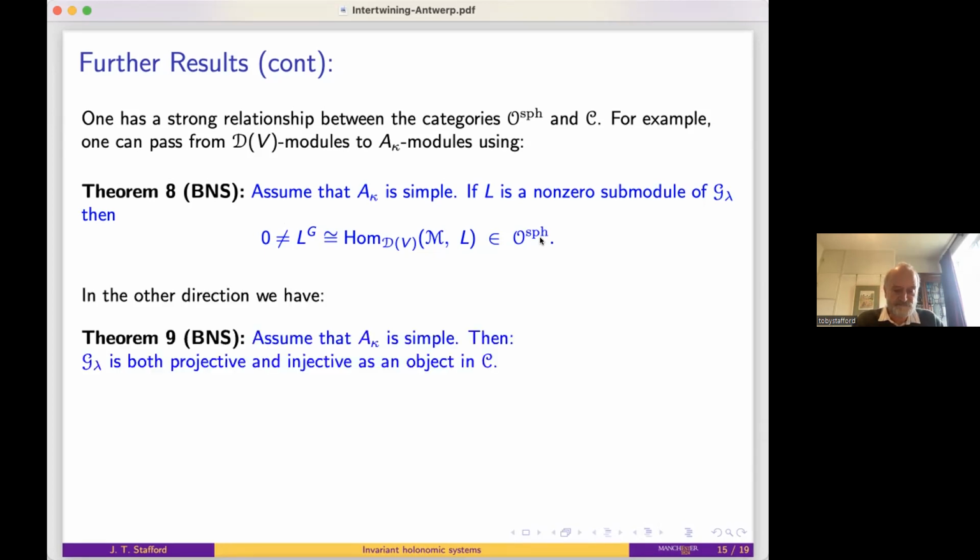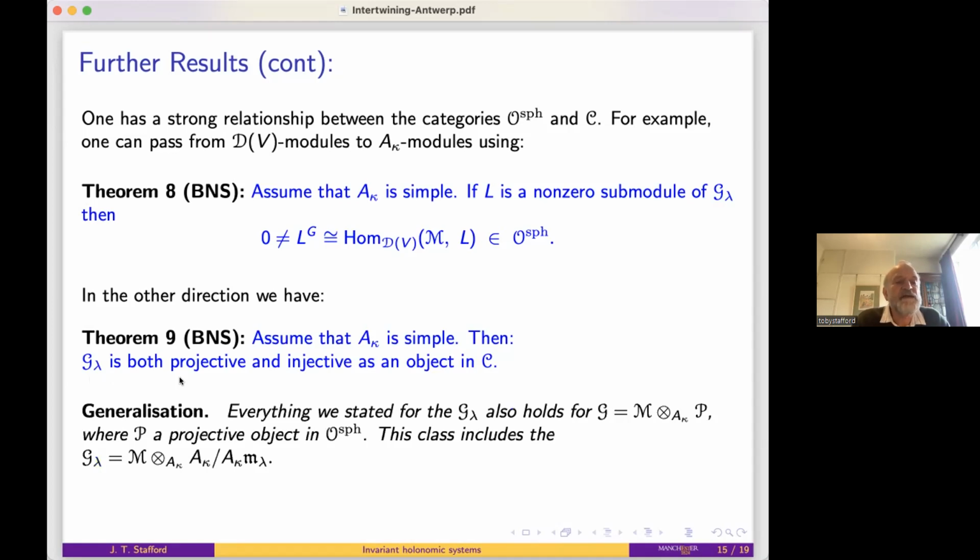Going the other direction, I'm going to state the following result, that if we look inside the admissible modules at our module G lambda, it's particularly nice. It's both a projective and injective object. And phrasing things this way, we should say, well, what about other modules starting from A kappa?